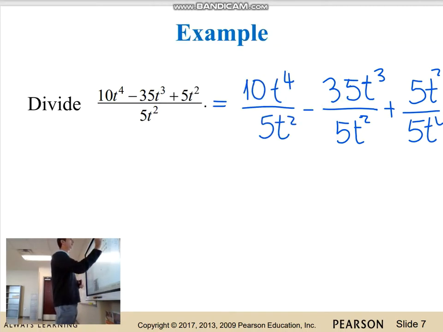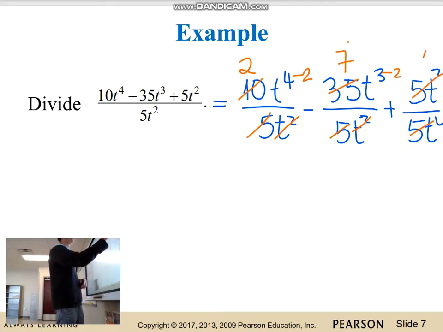Cool, we can simplify. 10 with 5 is 2. This t squared we can simplify, we subtract from the exponent, minus 2. And 35 divided by 5 is 7. This we can subtract from the exponent. And 5t squared divided by 5t squared, we will have 1.